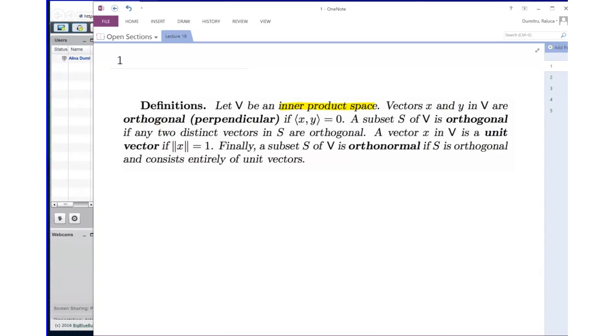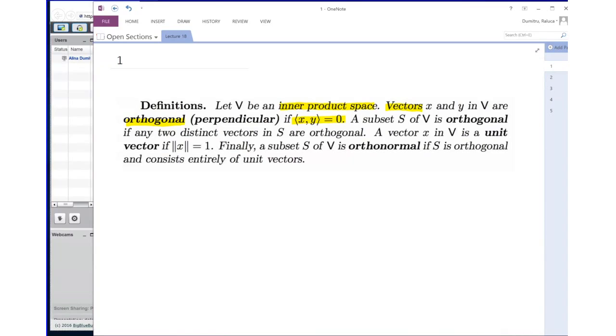So now the last part of this section is the notion of orthogonal and orthonormal sets in an inner product space. So first of all, two vectors x and y are called orthogonal, provided that their inner product is zero.